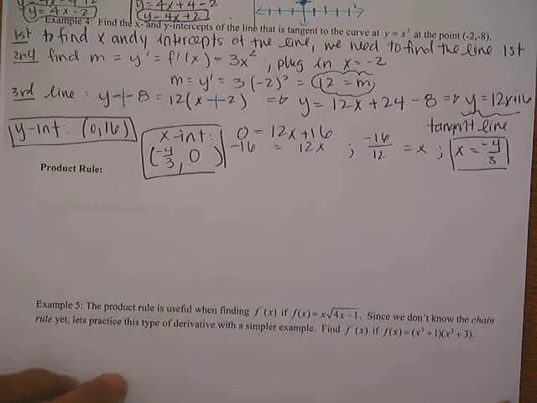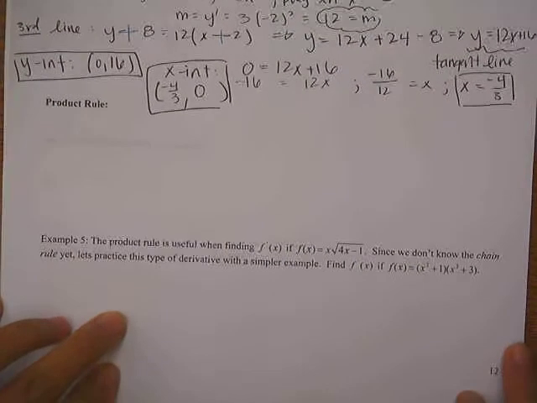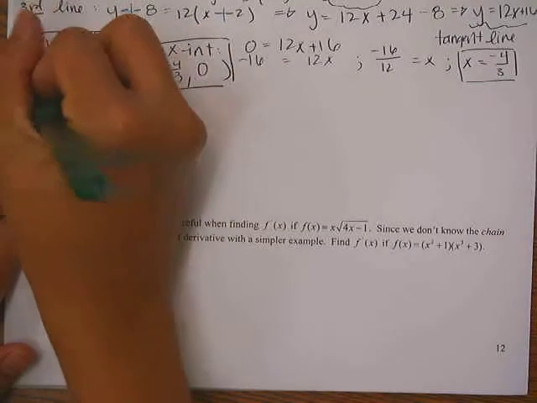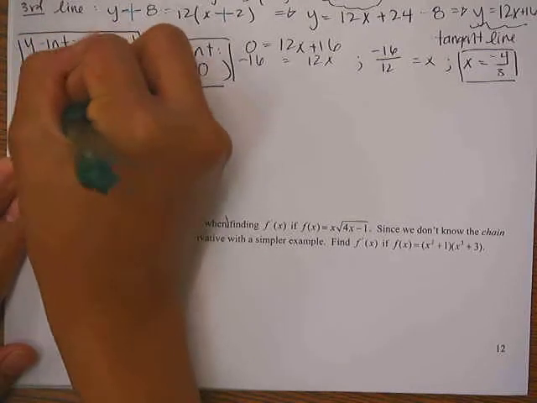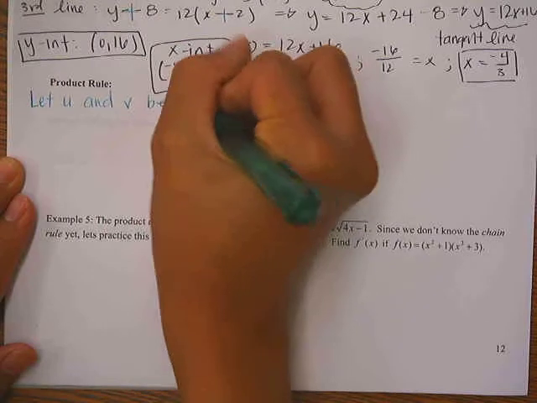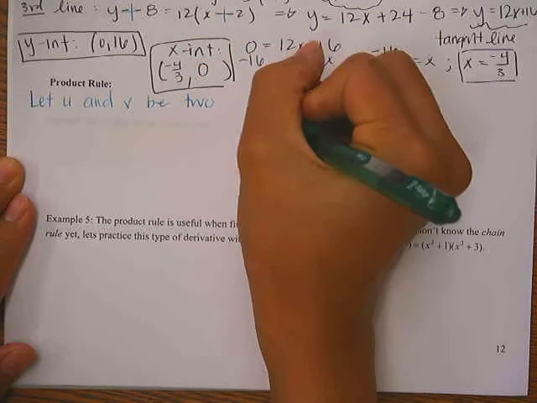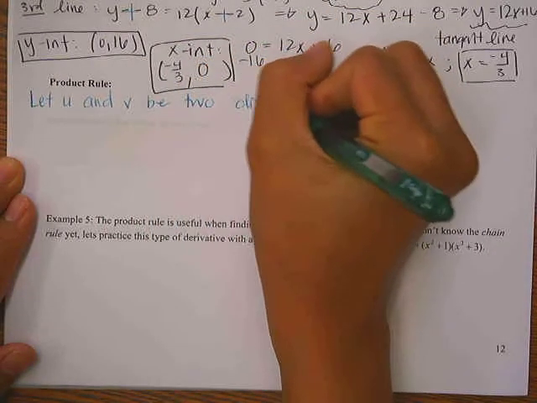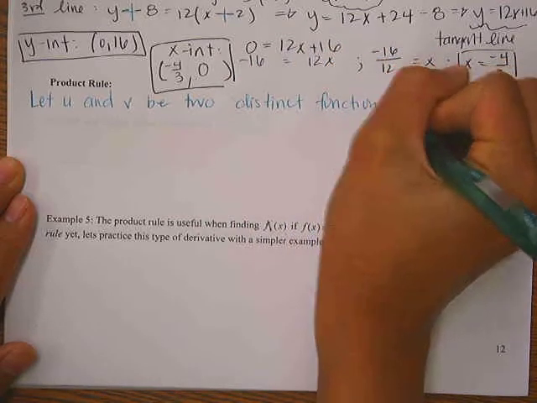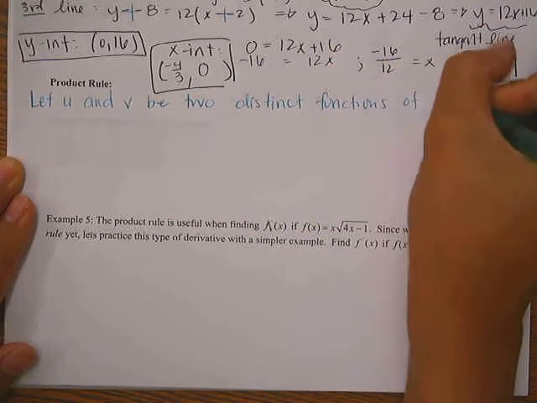Alright, we're going to move on to another theorem. The product rule says let u and v be two distinct functions of x.